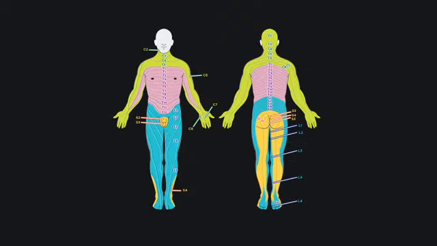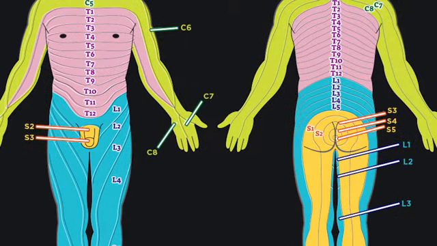This is the reason that the lowest regions of the torso are covered by L1 on a dermatome map. As the iliohypogastric and ilioinguinal nerves course around the low torso, they pass between the transversus abdominis and internal oblique muscles, and then eventually between the internal oblique and external oblique.